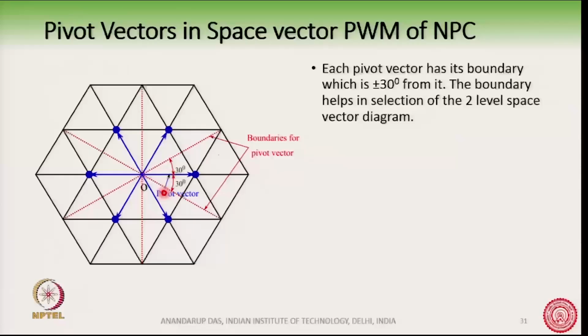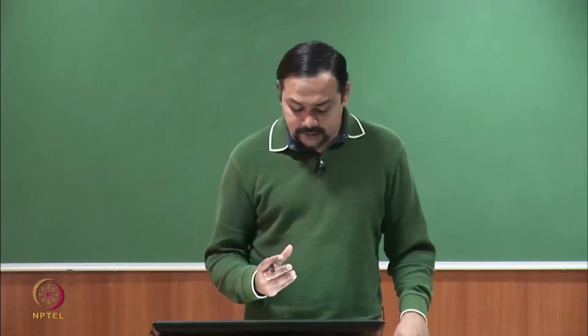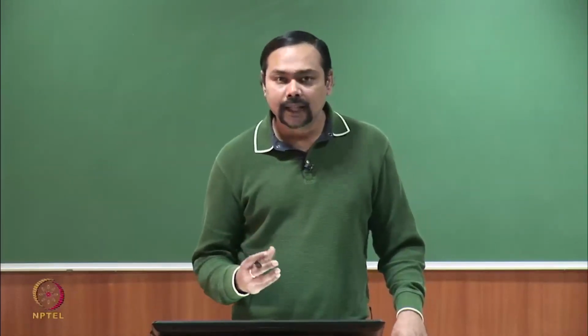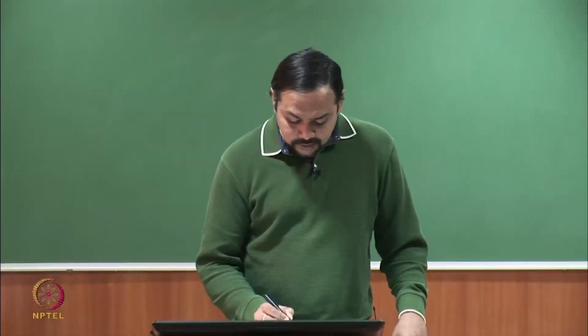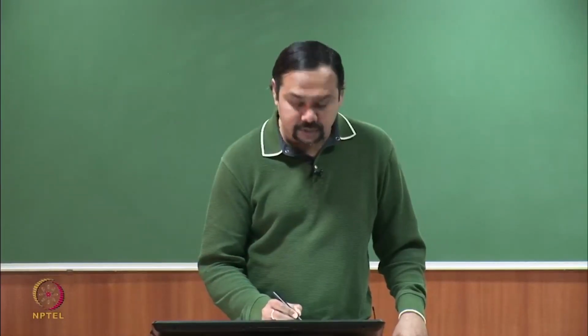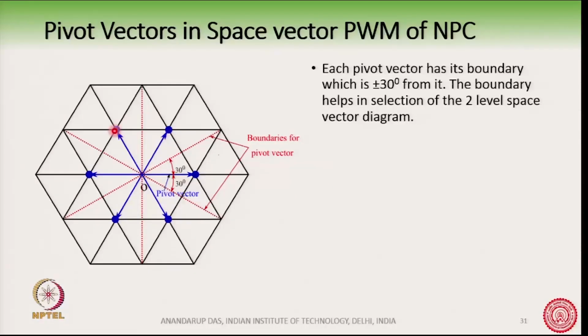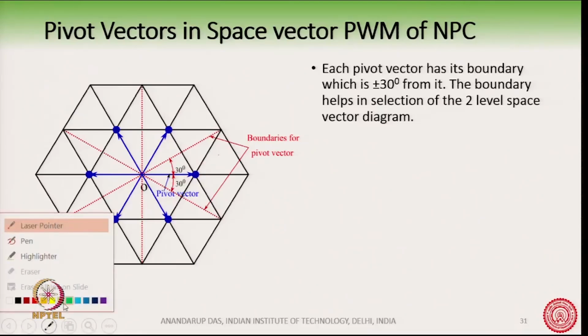So then of course, one question that comes is where do you find that we will have to go from this pivot vector to this pivot vector, or from this to this. This is shown by the boundaries here. Let me take an example.